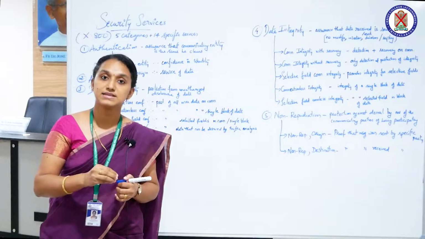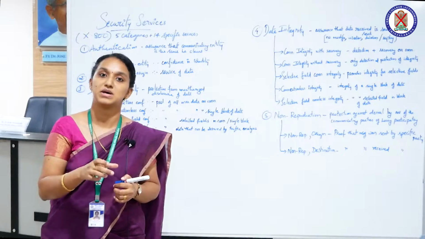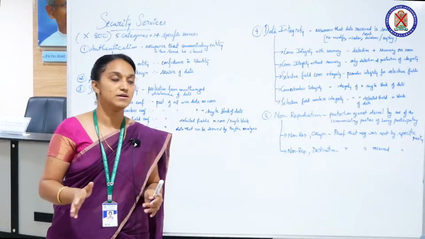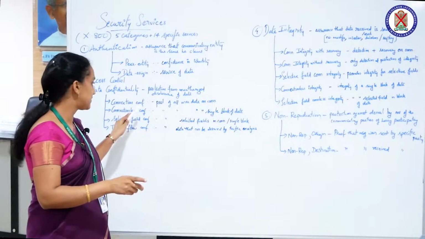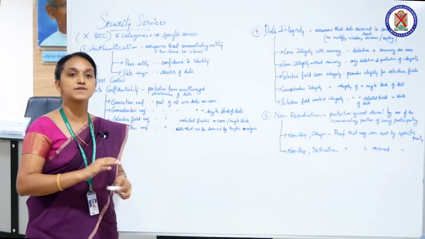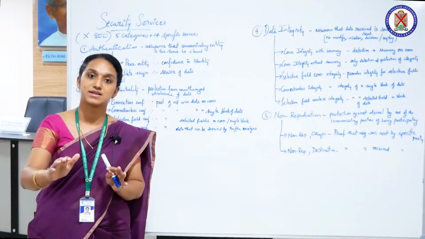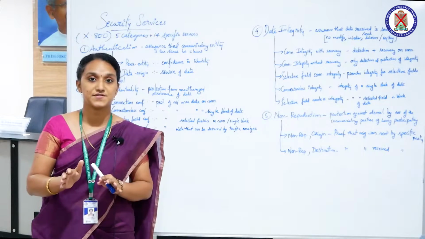If it's connectionless, they are not connected, so a single block of data must be preserved. Hope I am clear. I'll say once again, I'm dealing with connection confidentiality. Here, protection of all user data on the connection. So whatever comes in between in the connection, all the user data is protected in connection confidentiality.